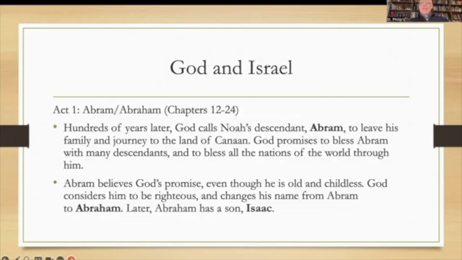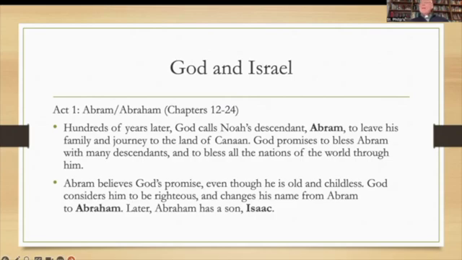The next section of Genesis is really the story of God and Israel, the patriarch story. So Act 1, Abram, who's minding his own business in Ur, is called by God to leave his family and his land and journey to the land of Canaan. God promises to bless Abram with many descendants and to bless all the nations of the world through him.